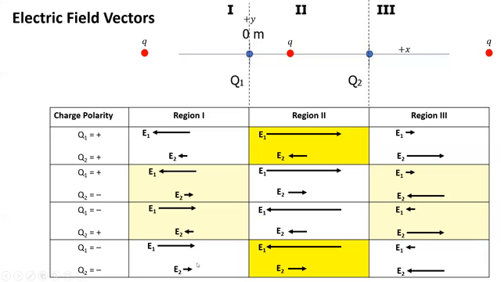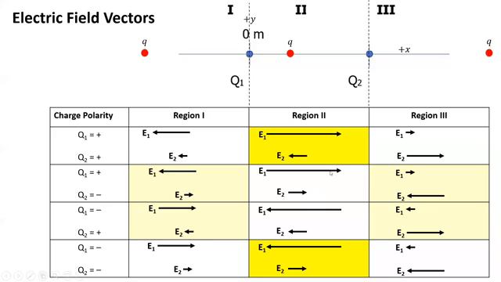Same is true if they're negative charges, except the direction of the E field would be reversed. They never cancel. If we have a positive and negative charge, so opposite polarities, then in region 2, those E field vectors would add together, and they also do not ever cancel.